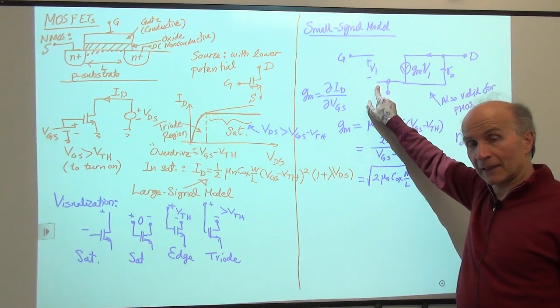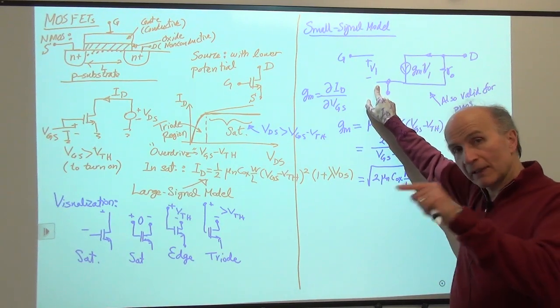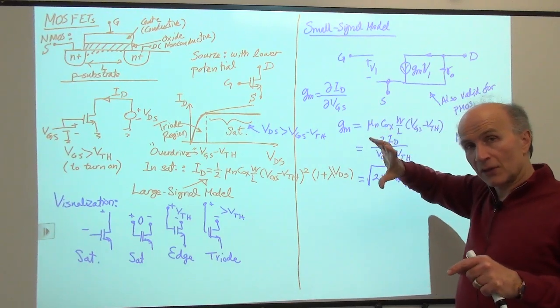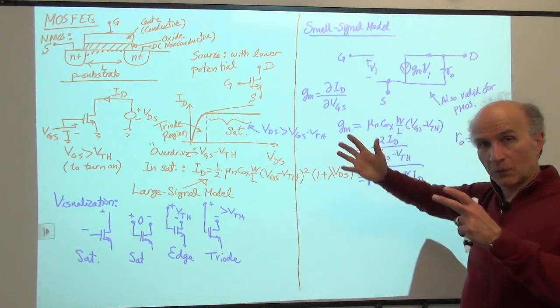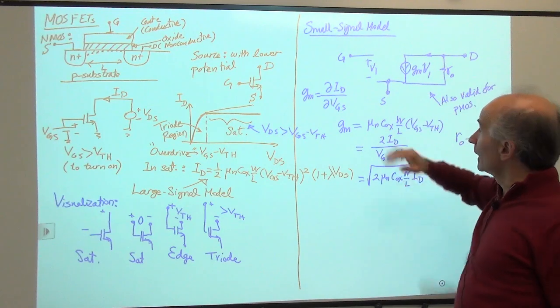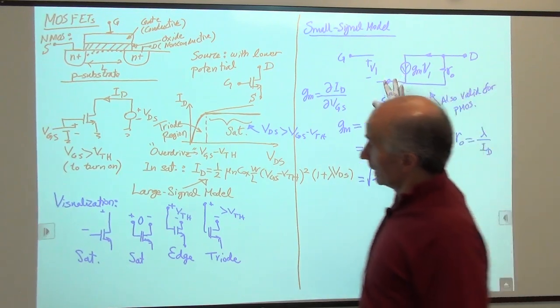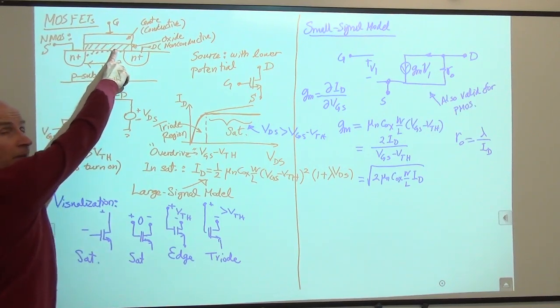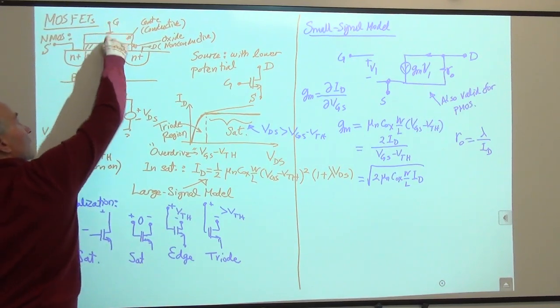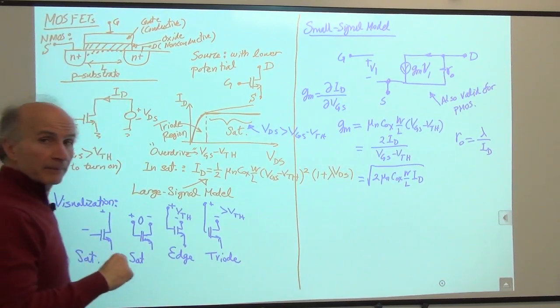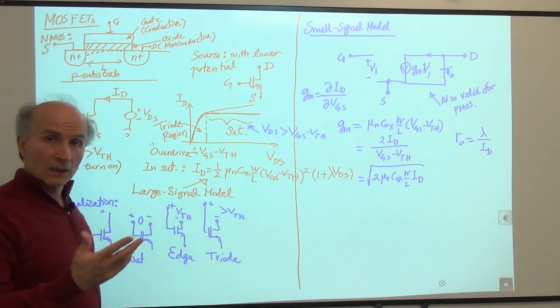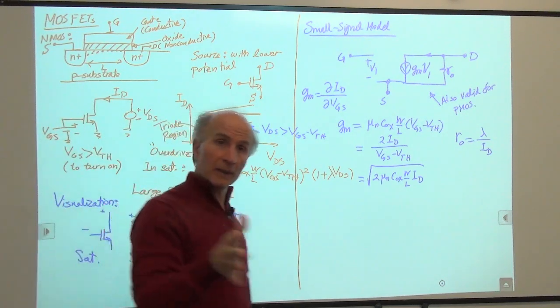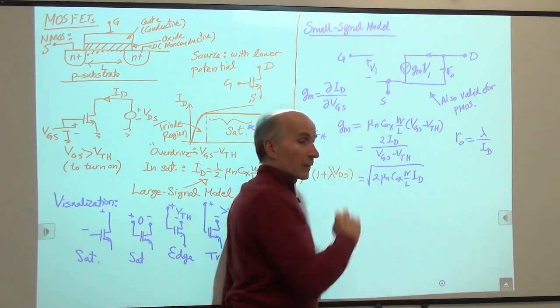Well, the difference is that in the case of bipolar device, we have a base current, and when the collector current changes, the base current has to change, because one is beta times the other. Whereas in the case of a gate of a MOSFET, remember that this is an insulating piece of material, so at least at low frequencies, there's no current going this way. So at low frequencies, it looks like an open circuit, and that's why we have an open circuit here.